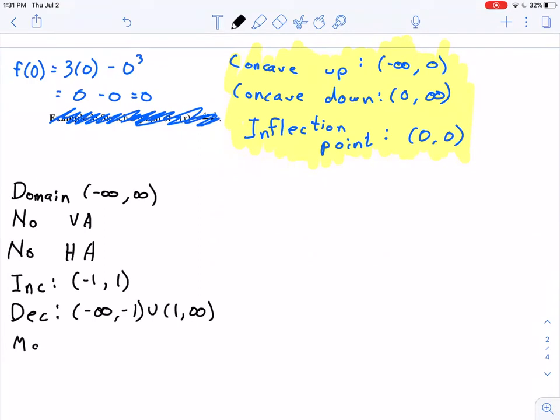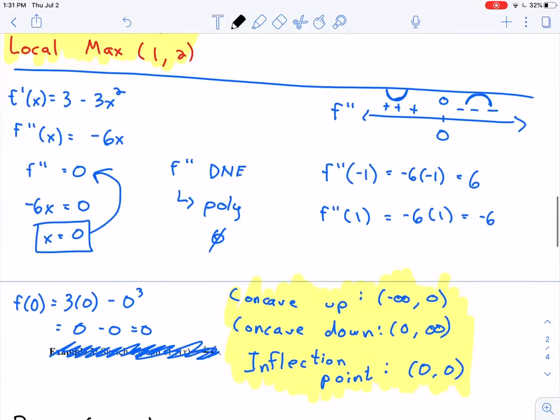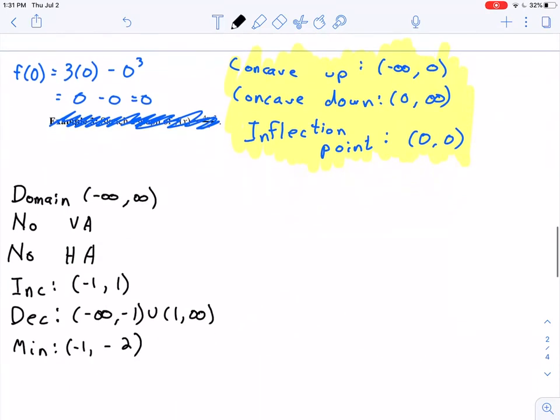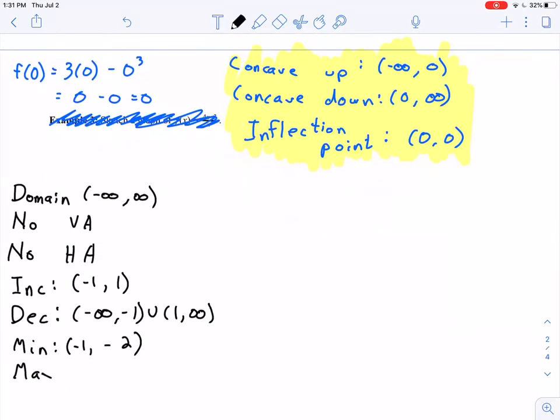We had a minimum at negative 1 comma negative 2. I don't remember. Negative 1, negative 2, and a max at 1 comma 2.